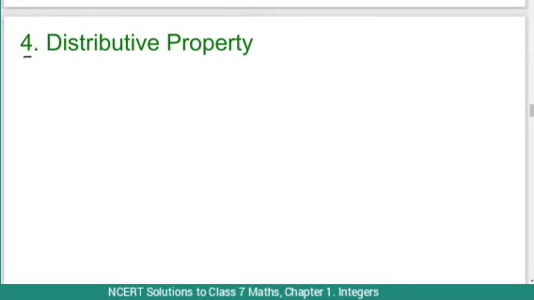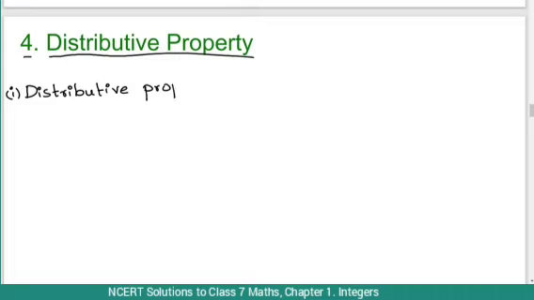Fourth one is the distributive property. Here we have the distributive property of multiplication over addition. First we will see the distributive property of multiplication over addition.